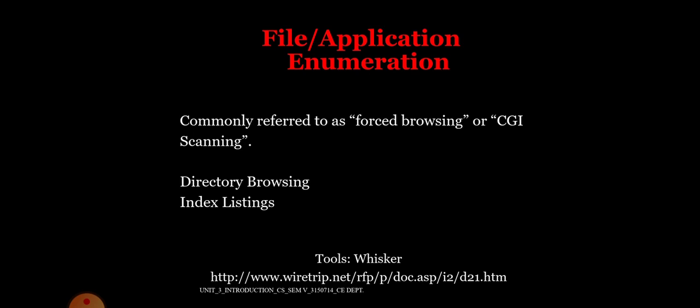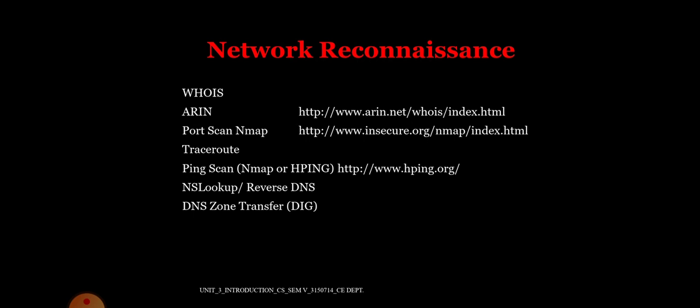File application enumeration is commonly referred to as forced browsing or CGI scanning, in which we cover directory browsing and index listing. For the same, you use this tool, Whisker. The URL is wiretrip.net. Network reconnaissance: Whois is used for network identification, in which you get DNS, gateway, and all the details of a particular domain.